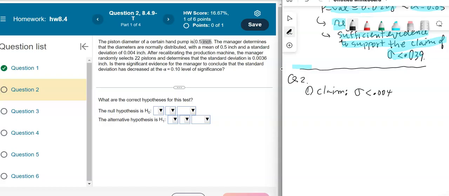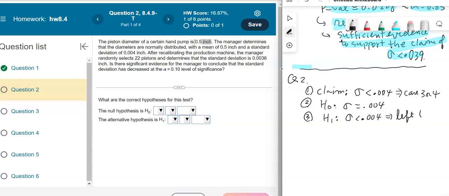So can you conclude it is less than 0.004? So this is case 3 or 4. For number 2, the null hypothesis is sigma is 0.004, and the alternative hypothesis, same as the claim, is sigma less than 0.004. Okay, so this is our left tail.